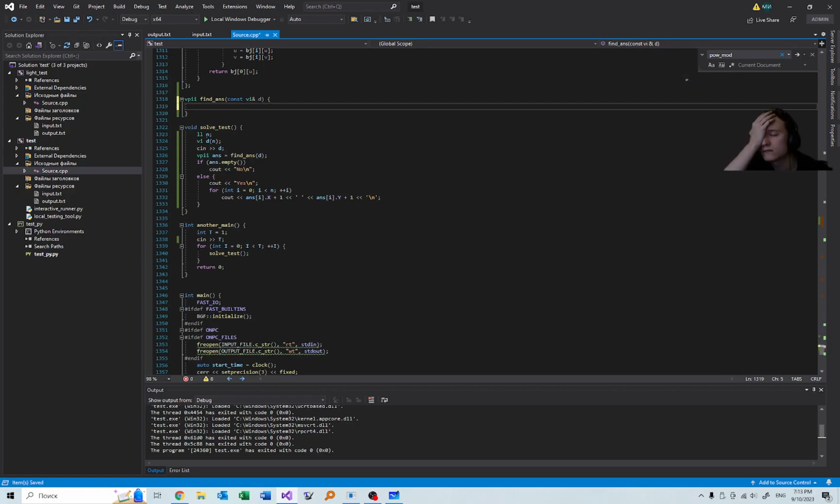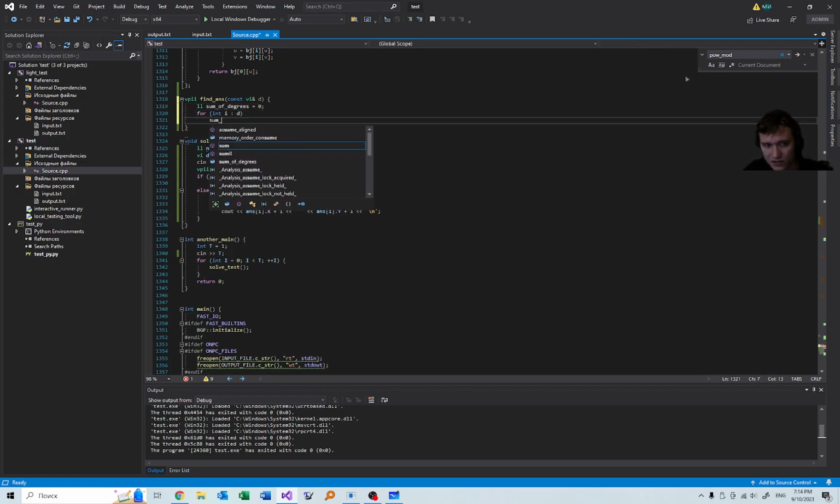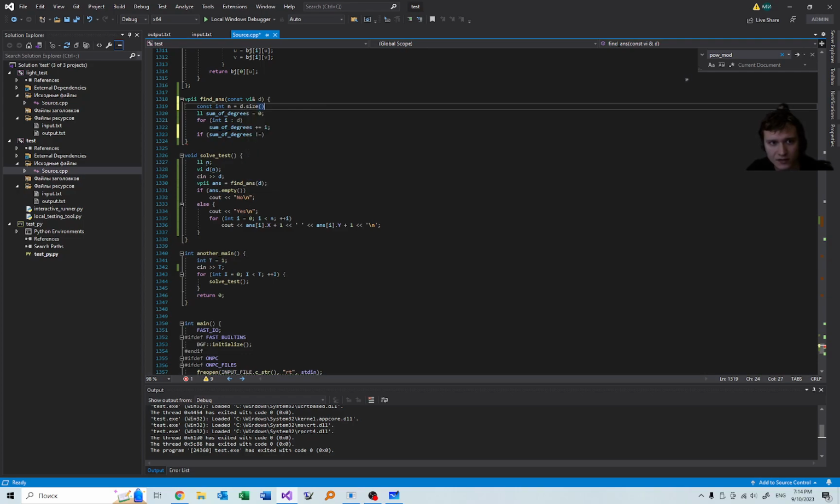Great. So there are several cases. So first of all, I need to find the sum of degrees. Sum of degrees plus equals i. Also const int n equals d.size.